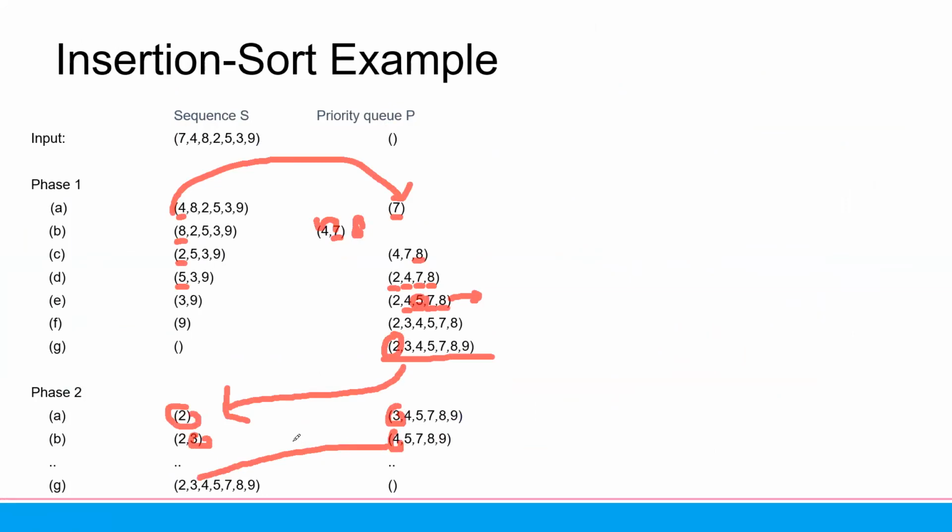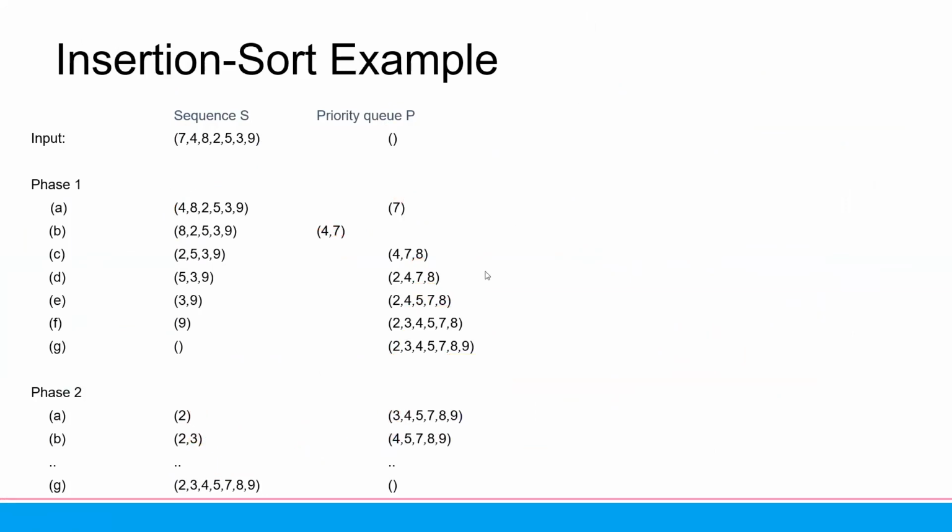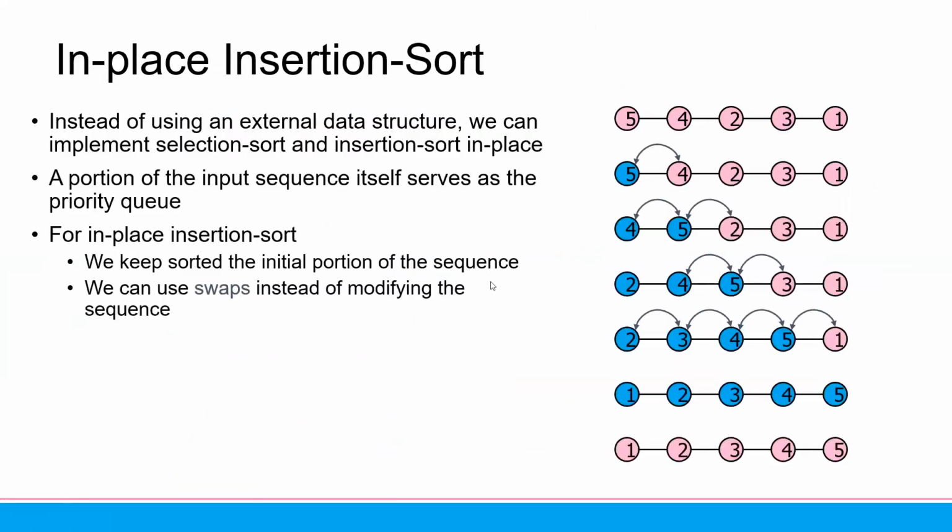So this is the classical implementation for the paradigm. There can be another kind of insertion sort. We call it the in-place insertion sort. The in-place insertion sort means instead of using an external data structure.